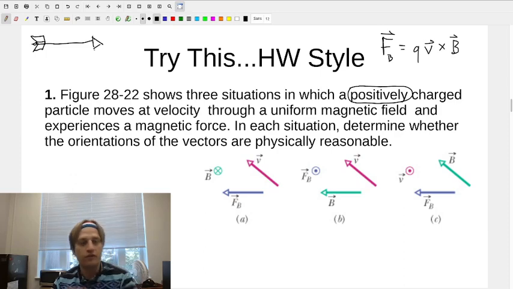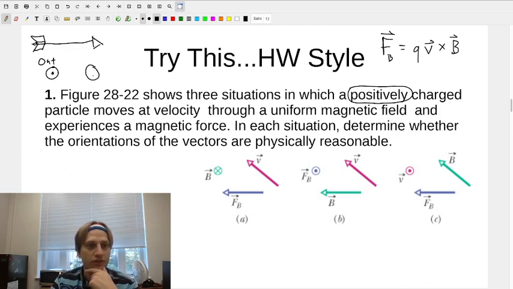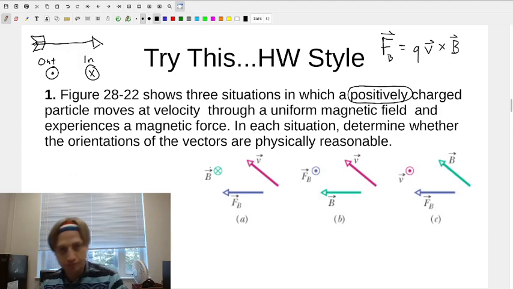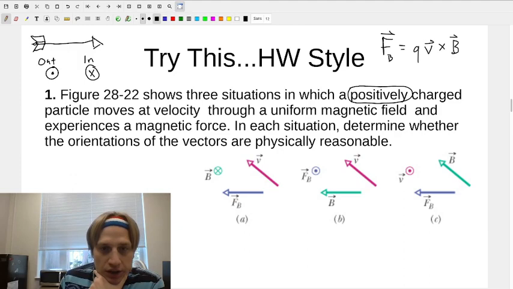And if the arrow is coming out of the screen, you see the point of the arrow first, so this is out of screen. And if the arrow is going into the screen, then you see the tail feathers. So there's the X. Okay, so that's what this notation is trying to get at. Coming out, going in.